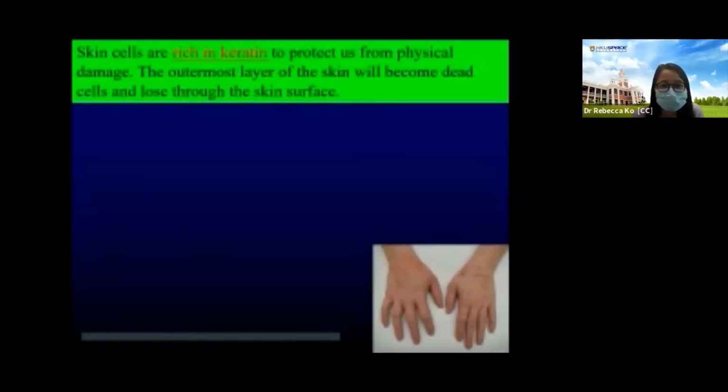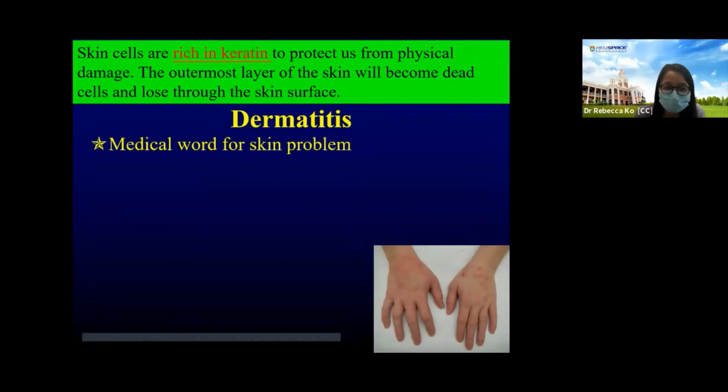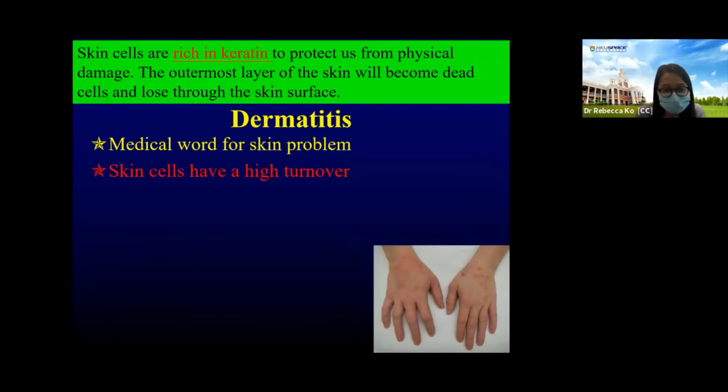Skin cells are rich in keratin, which is a protein to protect us from physical damage. The outer layer of the skin becomes dead cells and is lost through the skin surface. Those people who suffer from dermatitis, which is the medical word for a skin problem, will have skin cells with a high turnover. So as I said, the skin cells have the protein keratin.